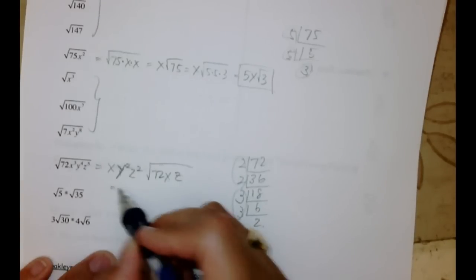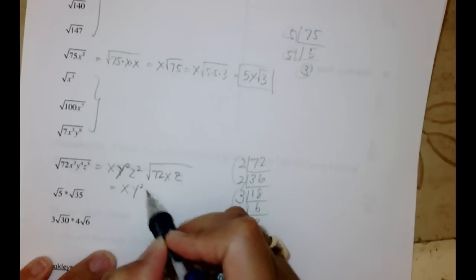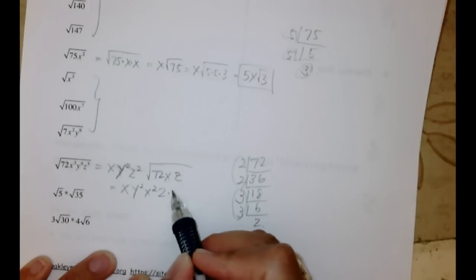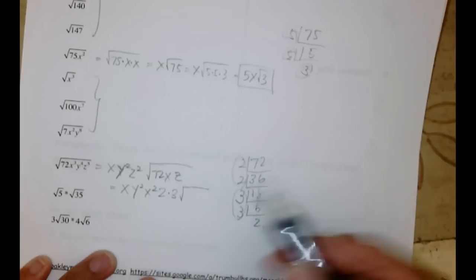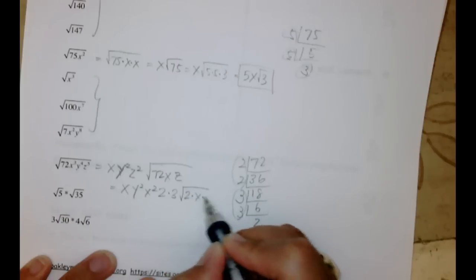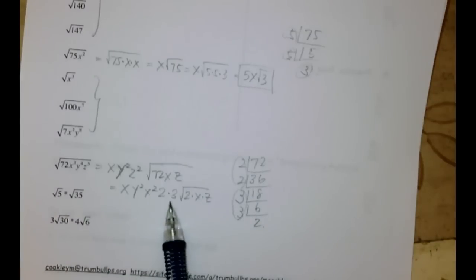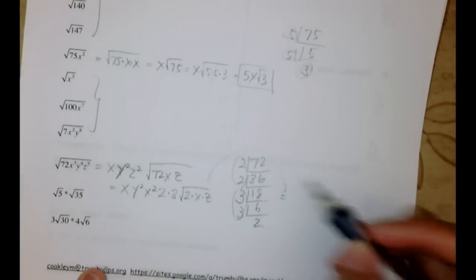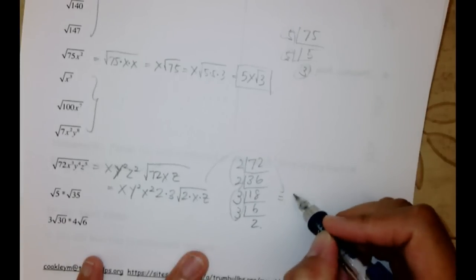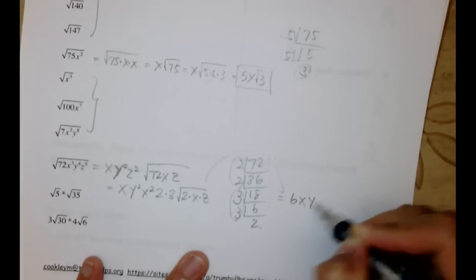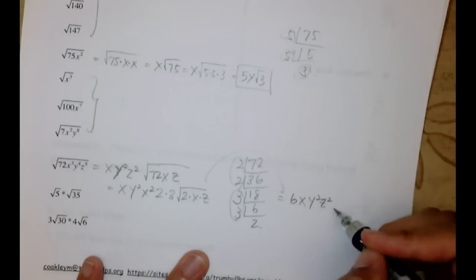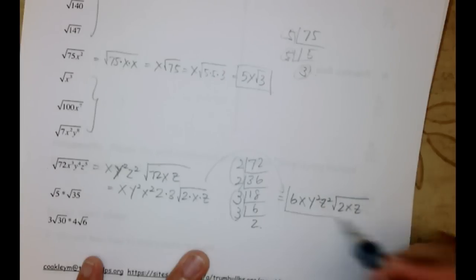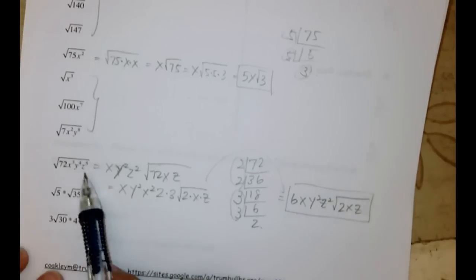So this is x, y squared, z squared. 2 is going to come out, 3 is going to come out, and what's left is 2 and x and z. So now this is 6, right? So you get 6 x y squared z squared square root of 2xz, and that's the final answer for this one.